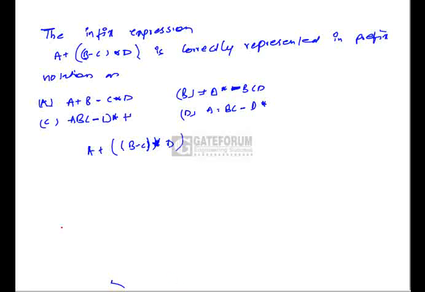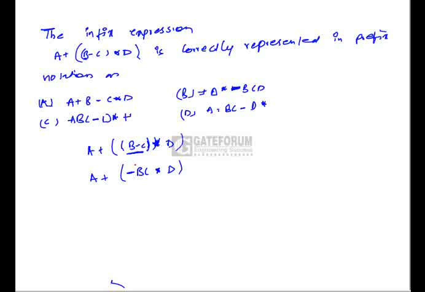While converting one form of notation to another form of notation, we have to convert according to the precedence of operators. Here this inner expression is evaluated first, so we have to convert this expression into prefix first. So the expression would be minus bc into star d.